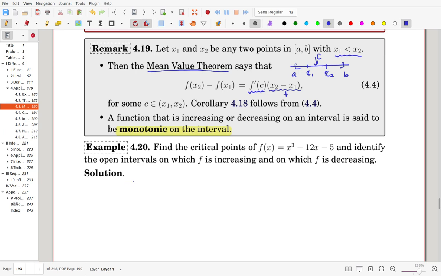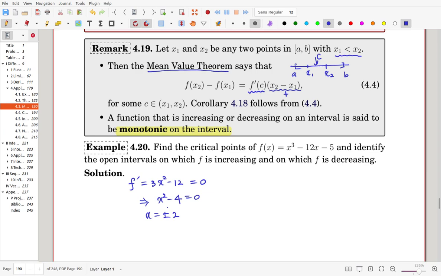It is differentiable, so the critical points are the points where f prime equals 0. f prime is 3x squared minus 12. Setting that to 0 is the same as x squared minus 4 equals 0, so x is plus or minus 2.